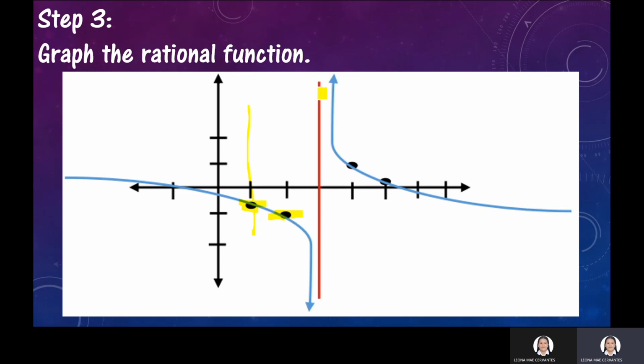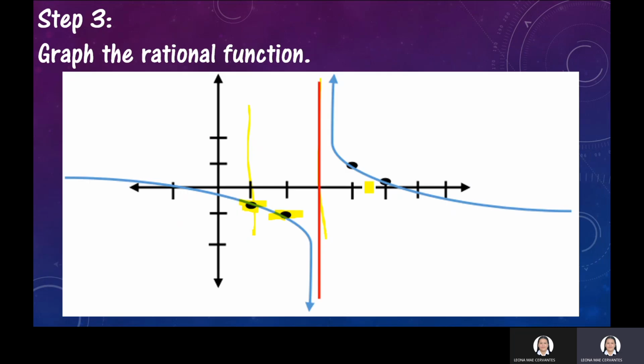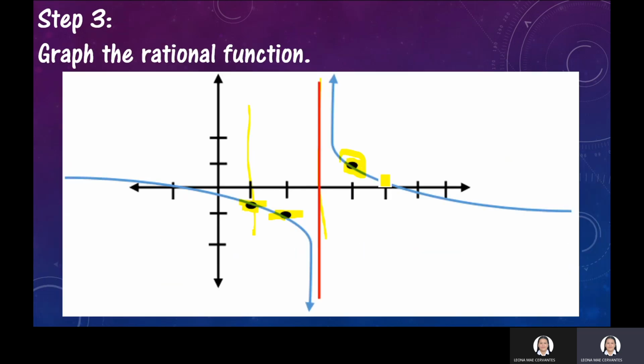Then yung vertical asymptote natin, which is positive 2. Next, 3 and positive 1. Then 4 and positive 1 half.